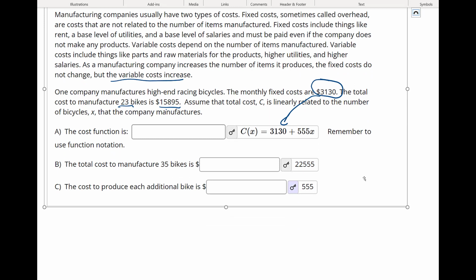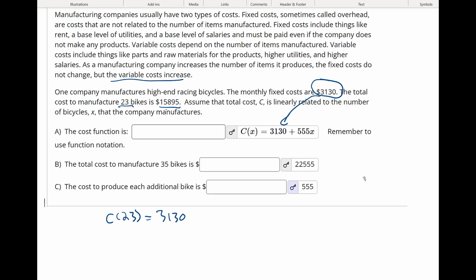I'd say our C of 23 is going to be that 3,130, the fixed cost, plus we don't know what it's going to be, we'll call it M times 23, because that's 23 bikes, equals 15,895. So in this case, we're solving for the slope. We can subtract 3,130 from both sides.